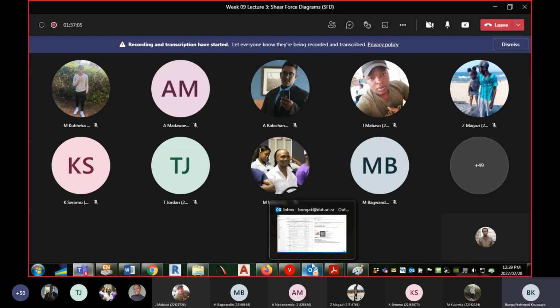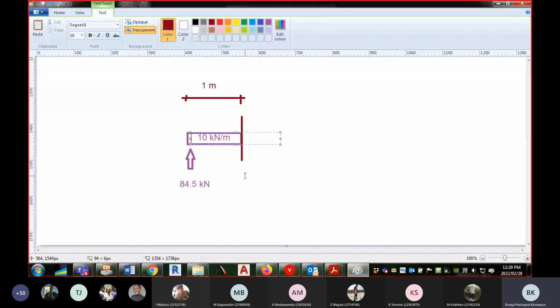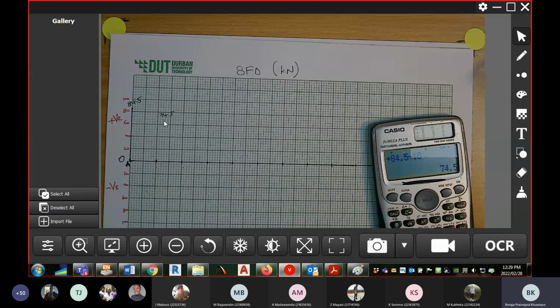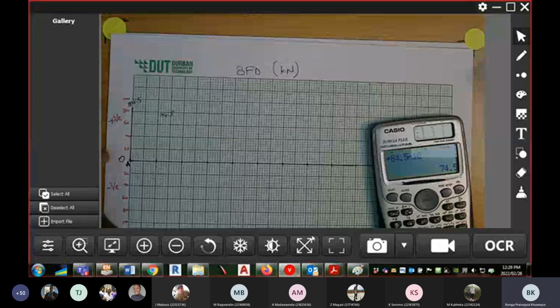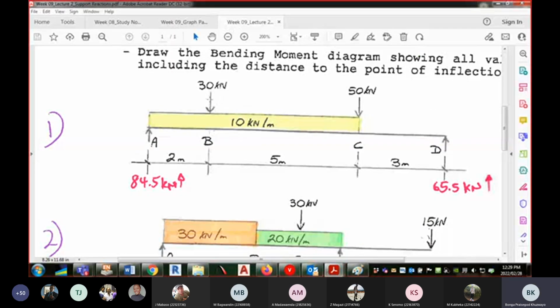Right, so let's continue. We've done this one. We've worked out the shear at this point. We know it is 74.5. There you go. Now the next point of interest is node B. At node B, we're going to consider the forces to the left and the forces to the right.